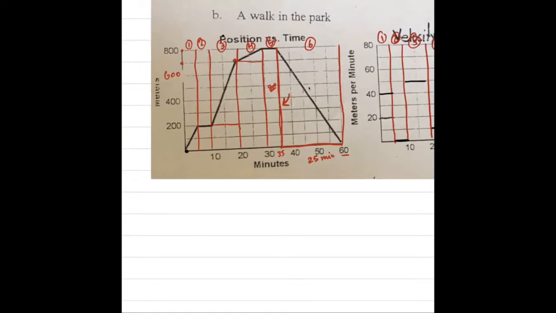So our calculation becomes 80 divided by 25, or not 80, 800 divided by 25 is 32.